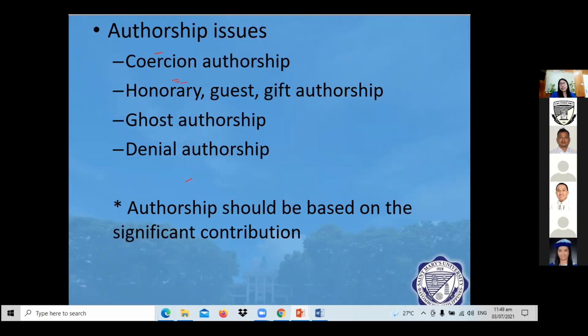What if you are the senior? Right? You are the senior author. It might be that you want your name to be placed there. But that sounds like coercion authorship already, where you are just afraid and say, oh, it should be this person because he is my head, or it should be him because he is our director, so he should be the main author. It's not like that.